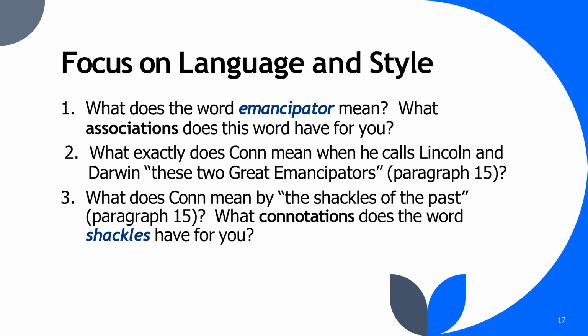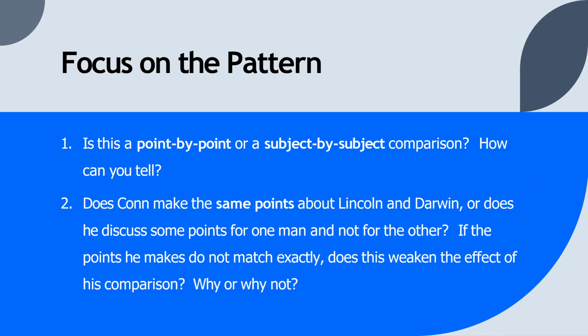And so he's using a more concrete example from Lincoln and applying it to the more abstract concept of Darwin. And why does he do that, and what effect does that language have on the reader? Look at the pattern. Is it point by point or subject by subject? Like, does he go back and forth, or does he really focus on one and then the other? And try to imagine the opposite. If he had written in the opposite way, would that have been more effective or not?